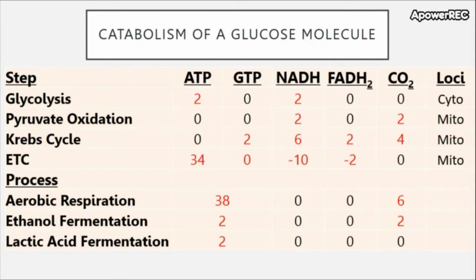In ethanol fermentation, since we only get glycolysis, we only get a sum total of 2 ATP, and we produce 2 CO2 and our 2 ethanol. In lactic acid fermentation, we get our 2 ATP from glycolysis and no production of CO2 because all of it is converted into lactic acid, a 3-carbon molecule, 2 3-carbon molecules.